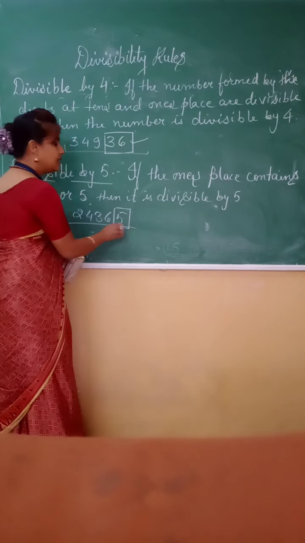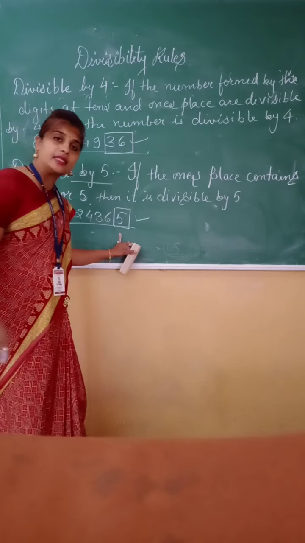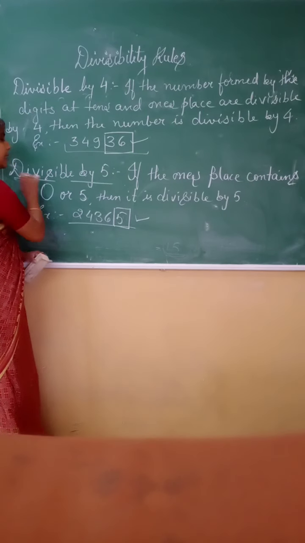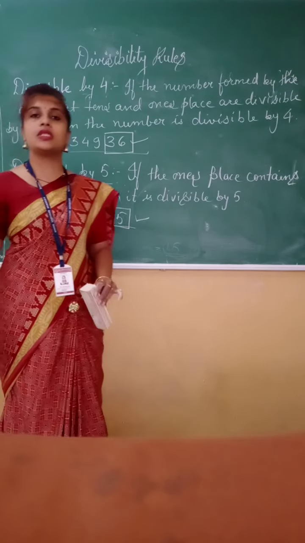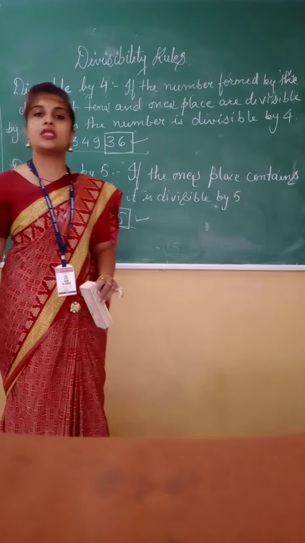If this digit is 5 or 0, then we can say that the whole number is divisible by 5. Okay, now next, divisible by 6.